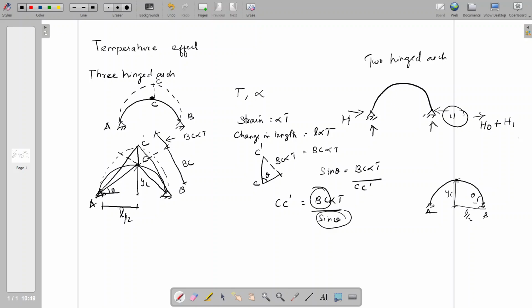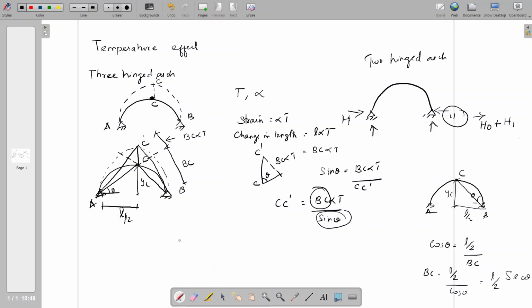B to C. Now, what is cos theta? Cos theta equal to L by 2 by BC, where BC equal to L by 2 by cos theta. Otherwise we can write it as L by 2 secant theta.